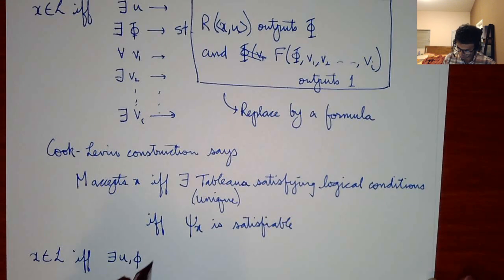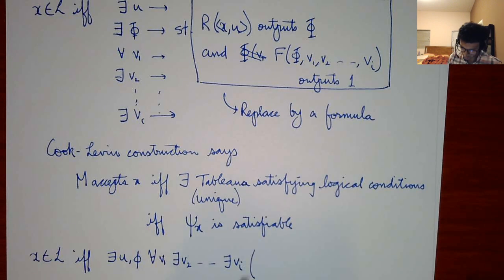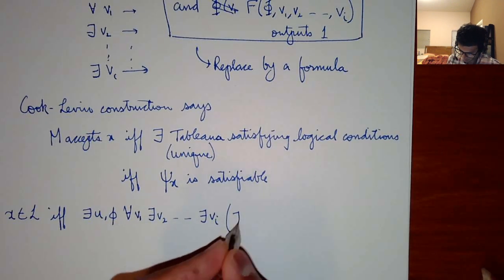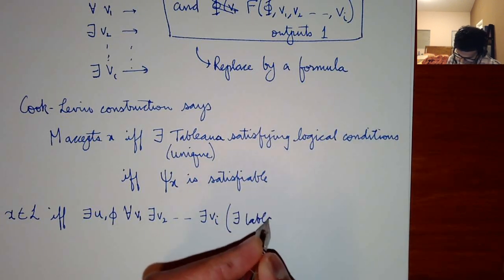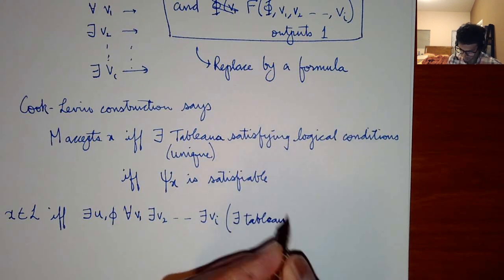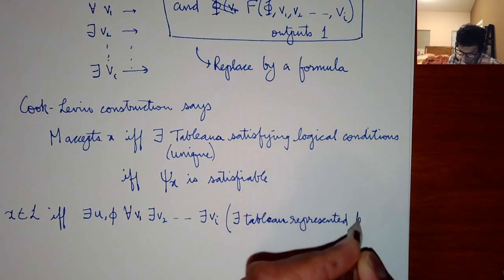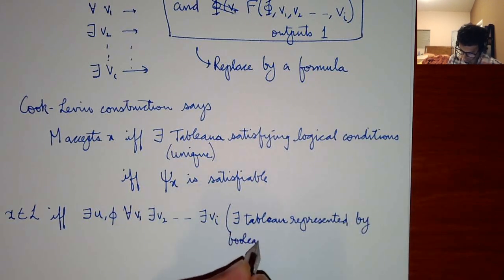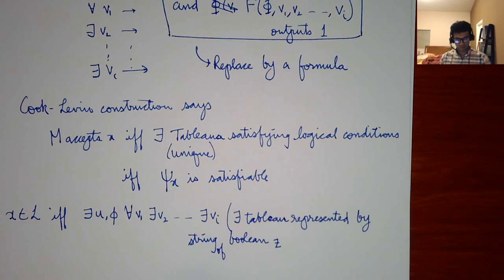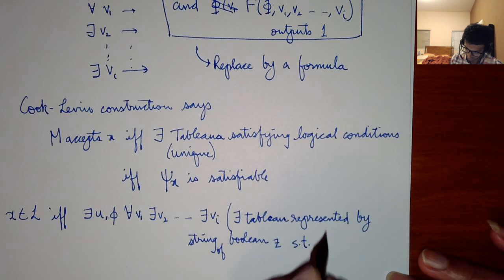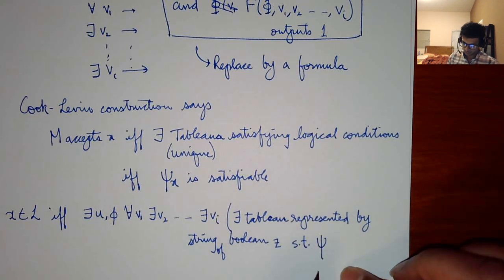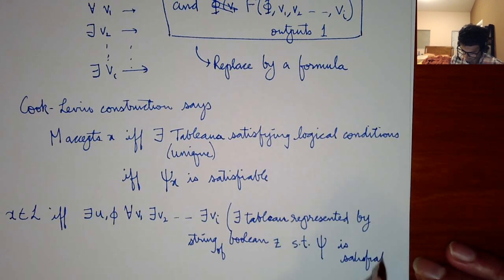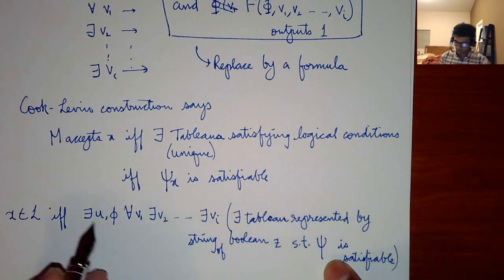So again, this is just one quantification, such that for all V1 there exists a V2 all the way up to there exists a Vi, such that there exists a tableau represented by a string of Booleans Z, such that phi psi is satisfiable. And the inputs to psi are all of these things.